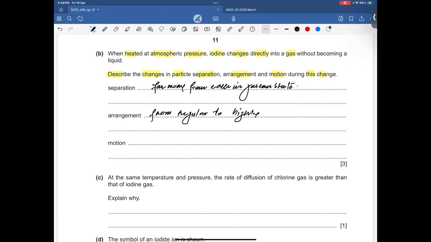Highly irregular arrangement. In solid, they have a vibratory motion. But in gas, they will turn to random motion. That is, they can slide over each other.